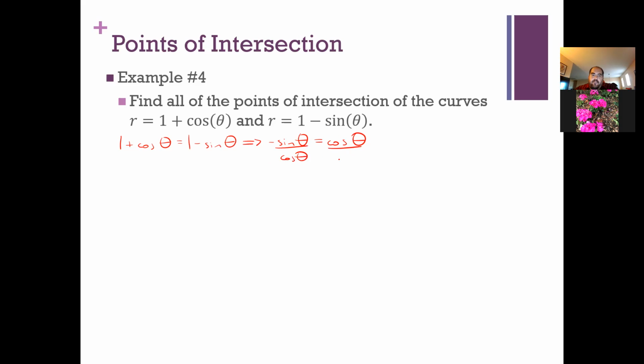Yeah, that's a good idea. So I can definitely do that. And that gives me negative tangent theta equals 1, which I'll slightly modify to tangent theta equals negative 1. All right, so where does that happen? Where's the tangent of theta going to be equal to negative 1? And what values of theta?